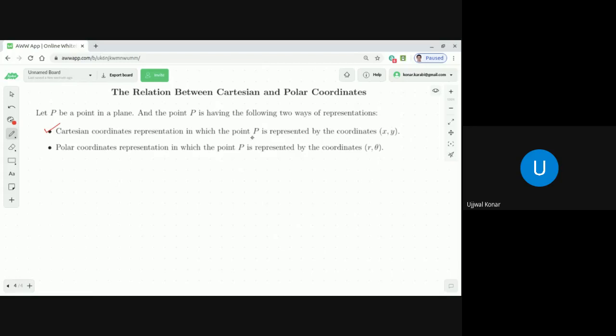The next one is the polar coordinate representation, in which the point P is represented by the coordinates r, theta. Now let's find the relationship between x, y and r, theta. For that, let us draw a diagram. The diagram is important to find the relationship between them.